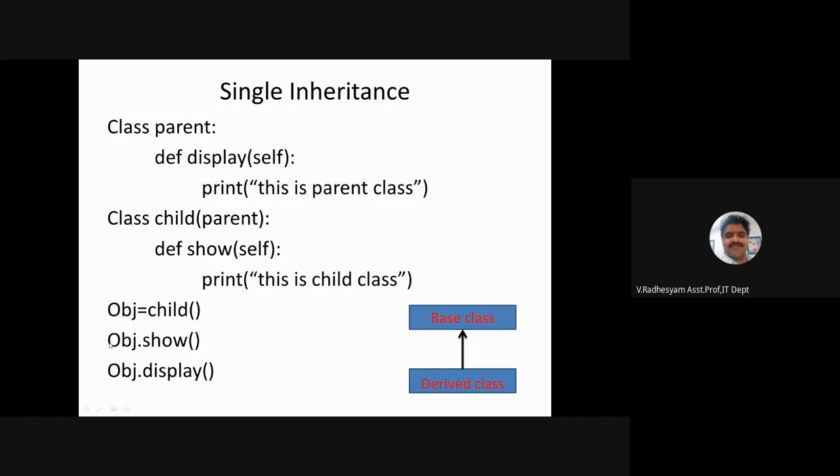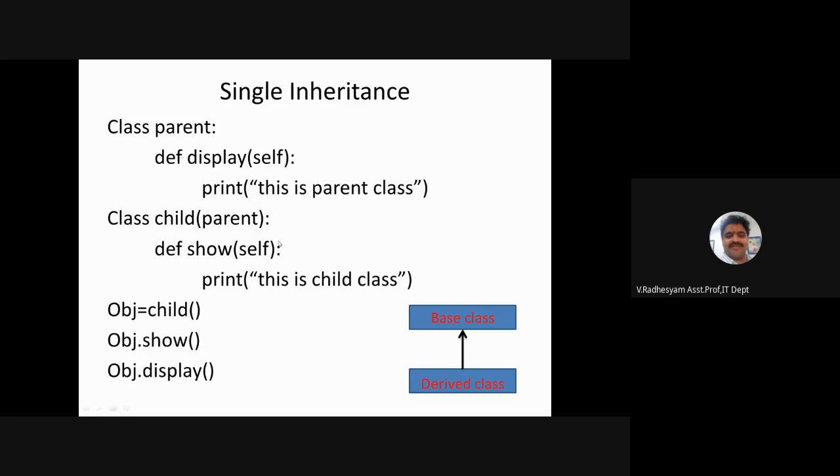But obj is an object that belongs to the child class. Using a child class object, if you are able to access the functions of the parent class, that is called inheritance.